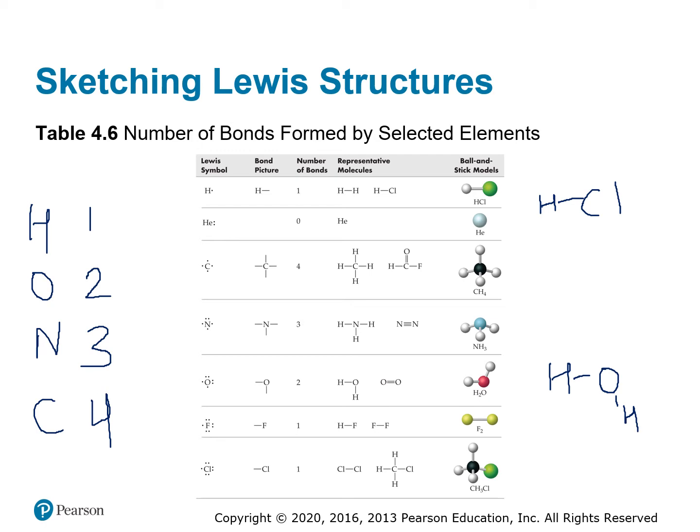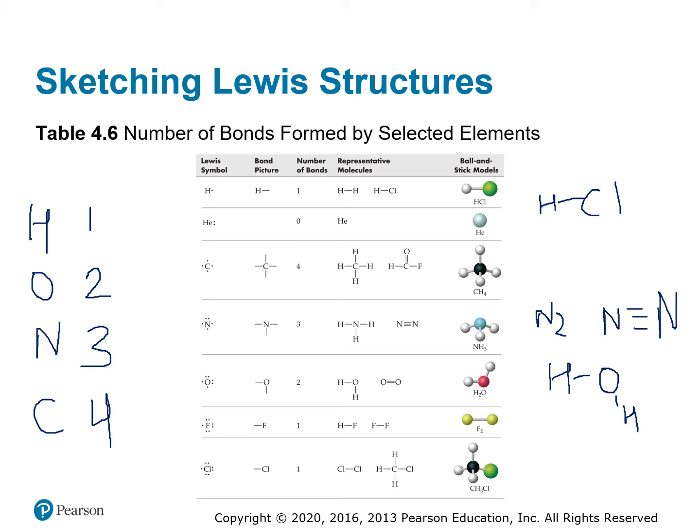For nitrogen, let's look at ammonia, NH3. So nitrogen here is forming 1, 2, 3. Or in the case of dinitrogen, which is N2 gas, all it does is form a triple bond, 1, 2, 3.